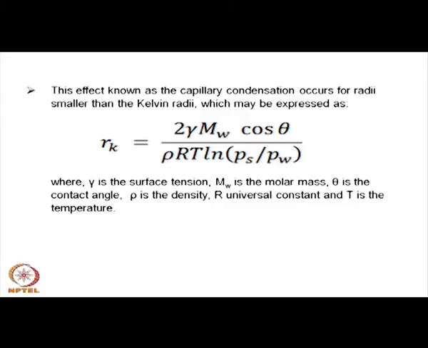So, if you have an insulating material and the pore structure can be controlled in such a manner that the condensation takes place, you have a variation in capacitance, and by measuring the variation in capacitance it can be related to the relative humidity of the environment.